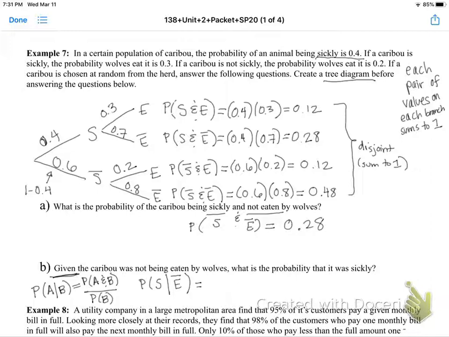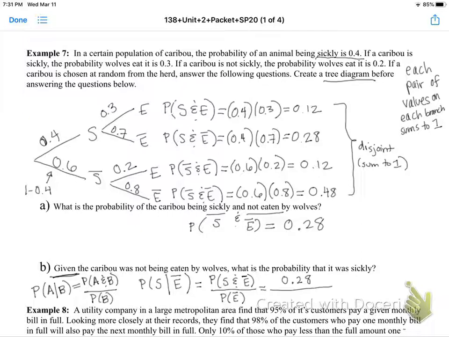So let's put this formula into context. The numerator is, this was an animal that was sick and not eaten. And then we divide by the probability that the animal was not eaten. So the numerator is 0.28. That's the probability we found for part A. The denominator, however, has to talk about all the ways a caribou could not be eaten.